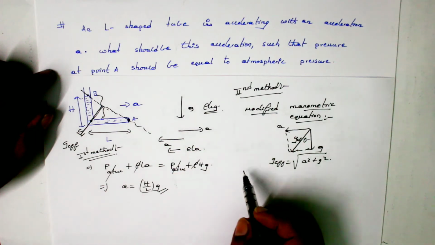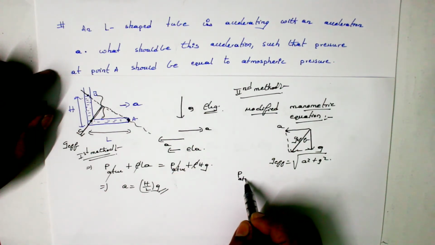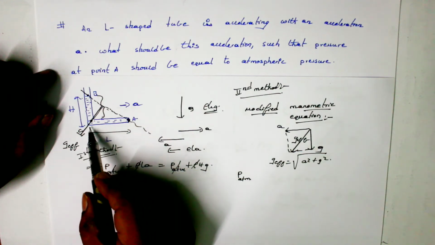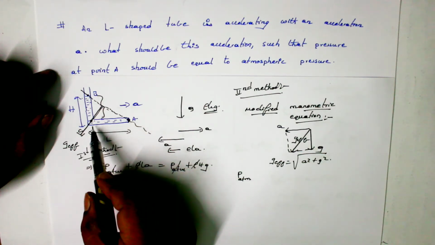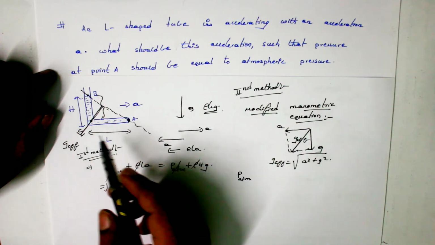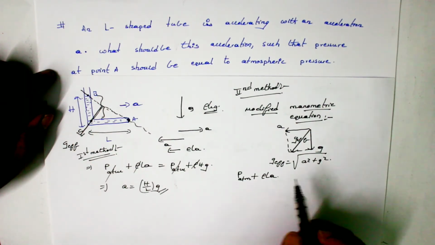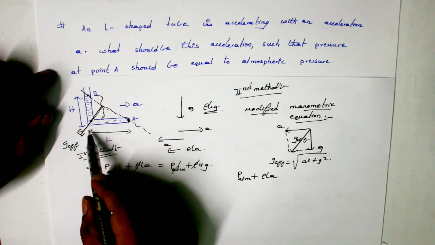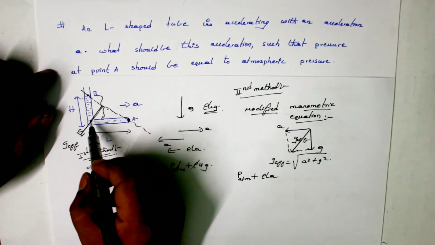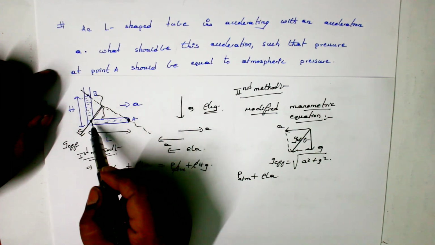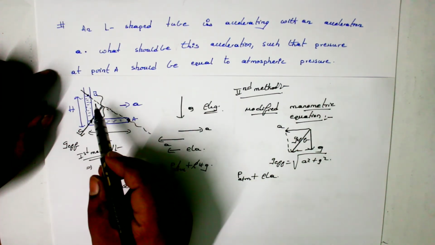So here pressure is P A, which is equal to P atmospheric. Now as I am moving in this direction, because of rho L A, pressure continuously increases. So I add the pressure, which is equal to rho L into A. From here to here, the length of the liquid column is L. Now from here I have to move upwards. If I move upwards, then pressure will be due to rho h g.